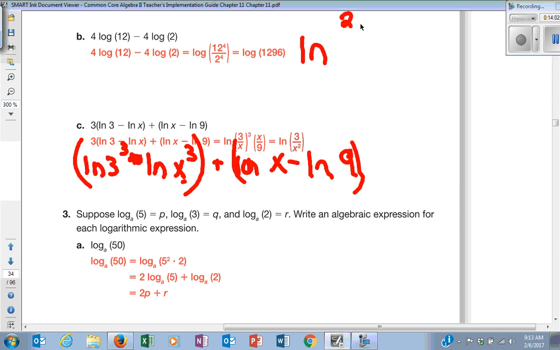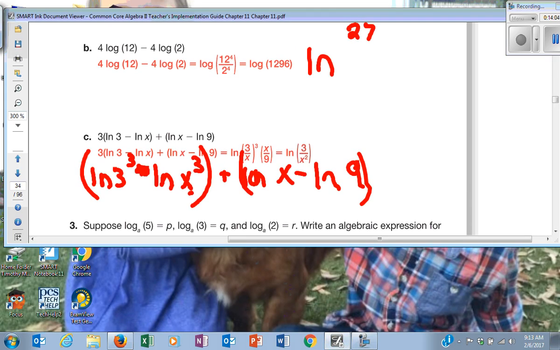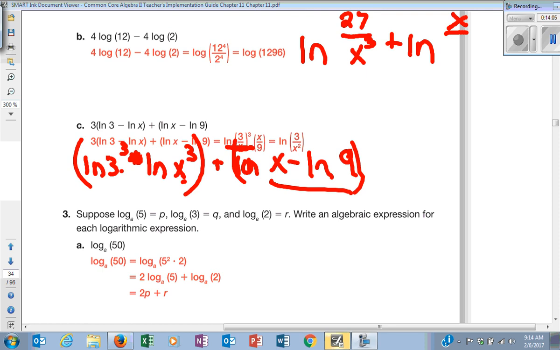Sorry, this thing didn't record. So right here, this should have been ln. What I wrote so far is I just took 3 to the 3rd power, which is 27. That's where this came from. And this is x to the 3rd. And since they're subtracting, it's a division problem. And I would actually do the 3 to the 3rd out, and I would leave that x to the 3rd with it.